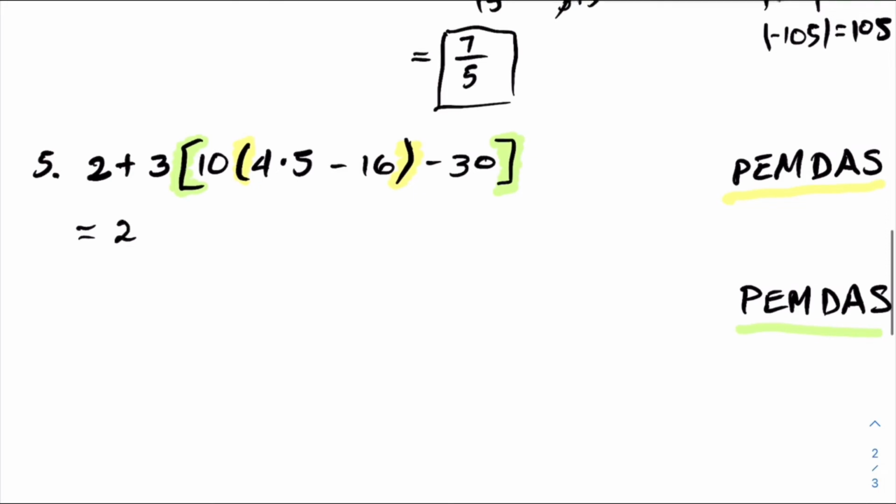2 plus 3, bracket, 10, parentheses. So within the parentheses there is no parentheses, so that's done. There is no exponent. There is multiplication, which is 4 times 5, that's 20, minus 16.